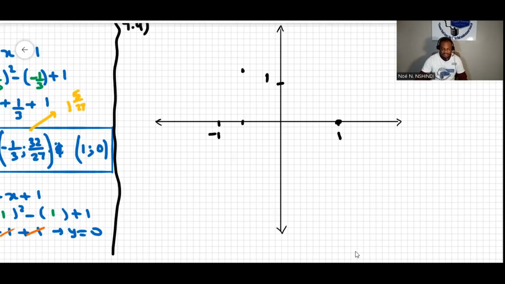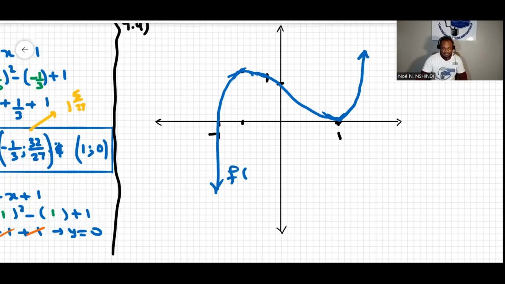Now we can draw. We pass through the x-intercept here, and then it comes like that, passes through the y-intercept, turns here, and then goes up. Yes, that's the graph of f of x, x cubed minus x squared minus x plus 1.